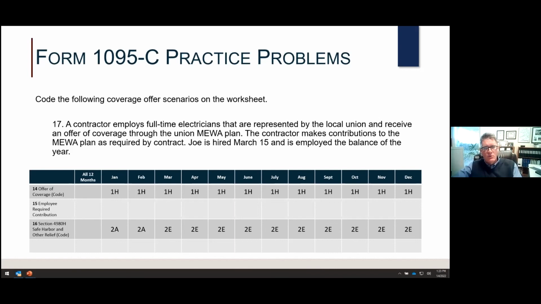And variable hour employment is a complex concept, and there's a lot of different rules and ins and outs on that. So if you want to have a deeper discussion about variable hour employees and how to handle them, contact me after this, and we'll have that discussion.